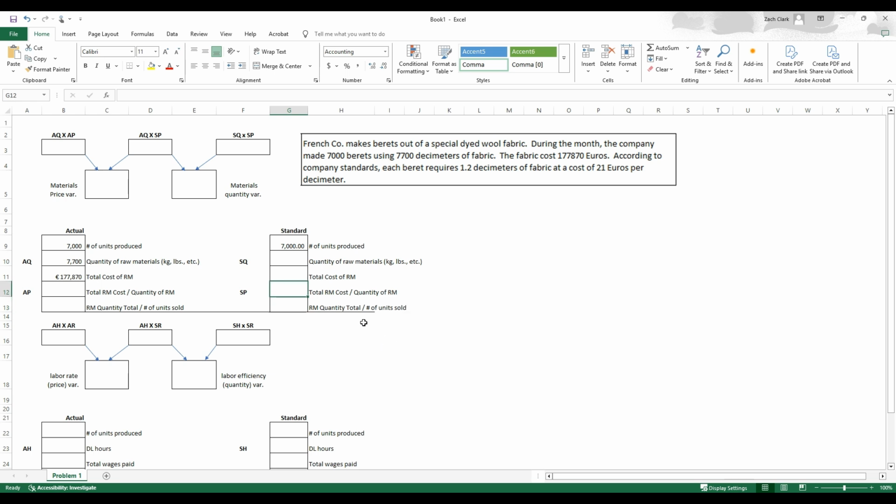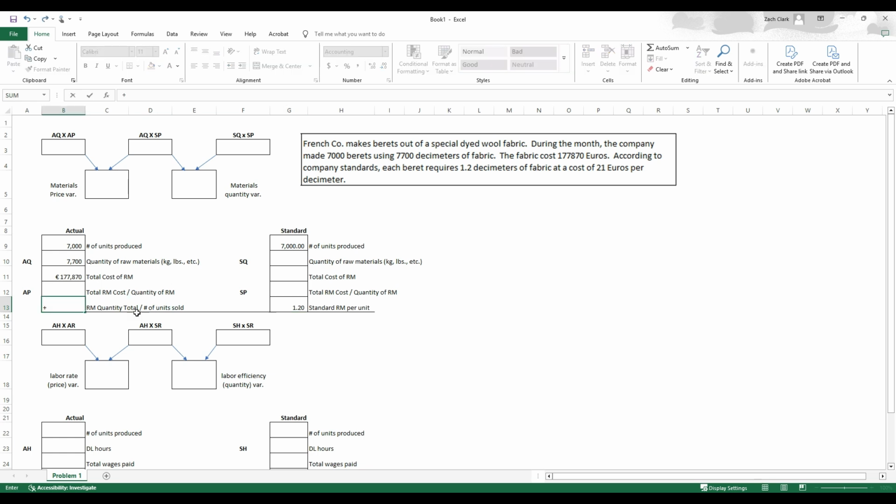So our total raw material quantity divided by number of units sold. Maybe I'm going to update that to just say standard raw material per unit. And this standard is going to be 1.2, like we mentioned.